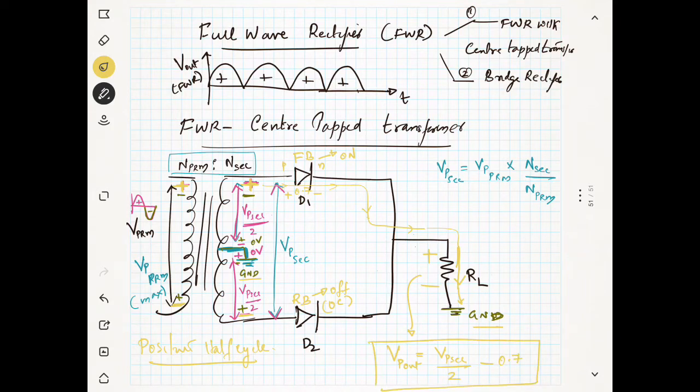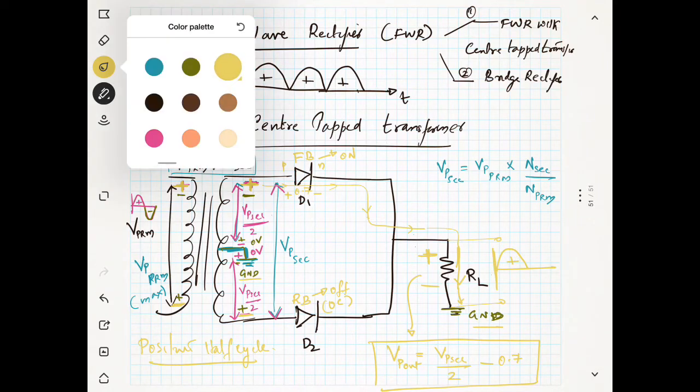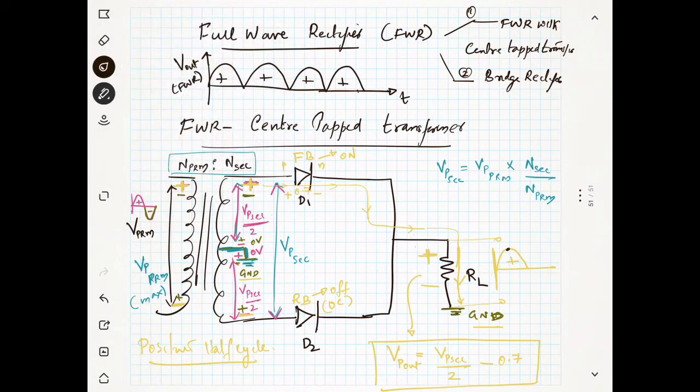Okay, since the output is flowing like this, if you measure the voltage across this, you will get a positive cycle. That's it, and this voltage is nothing but Vp out, which is equal to Vp secondary by 2 minus 0.7. So I hope it is clear to you.